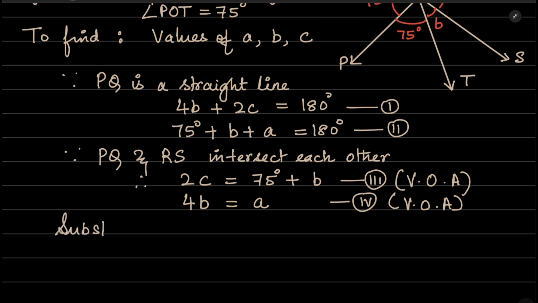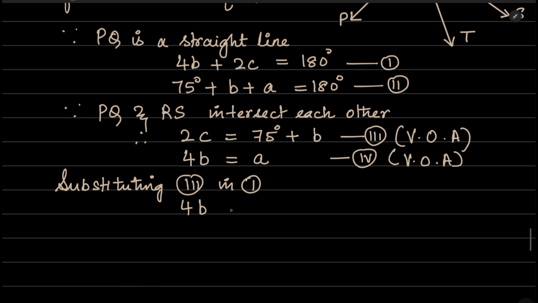Substituting 3 in 1, what do you get? You will get 4B plus, instead of 2C, I will write 75 plus B is equal to 180 degree.